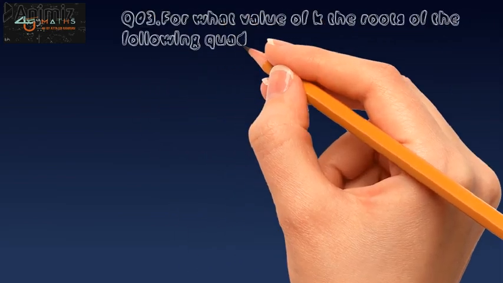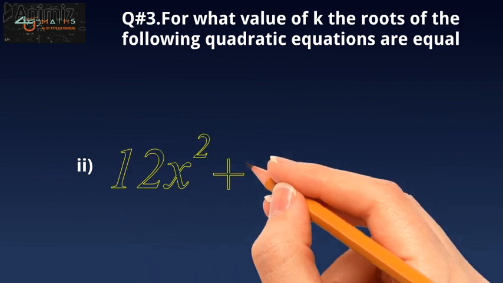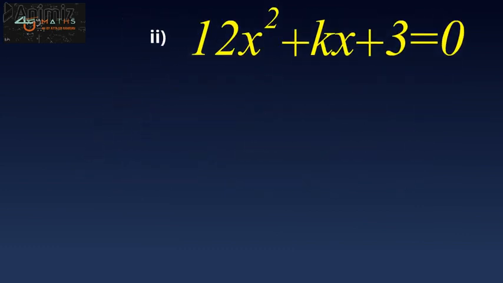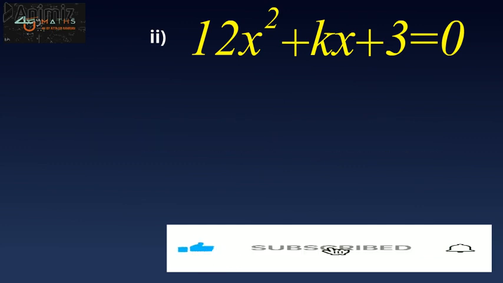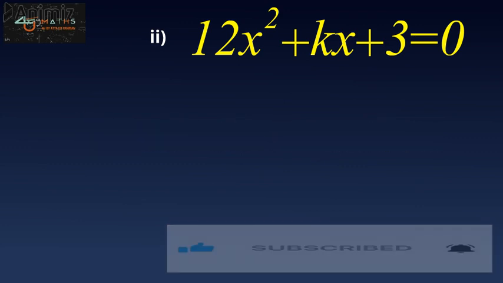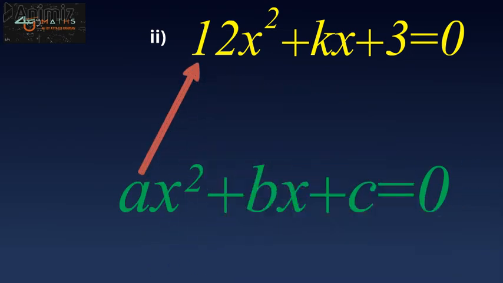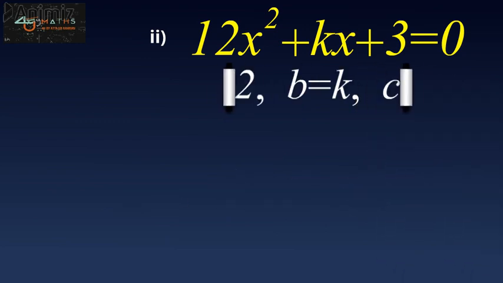Now coming to the second part of this question, which is 12x square plus kx plus 3 is equal to 0. Again, comparing this equation with the standard form of the quadratic equation, we found that a is equal to 12, b is equal to k and c is equal to 3.